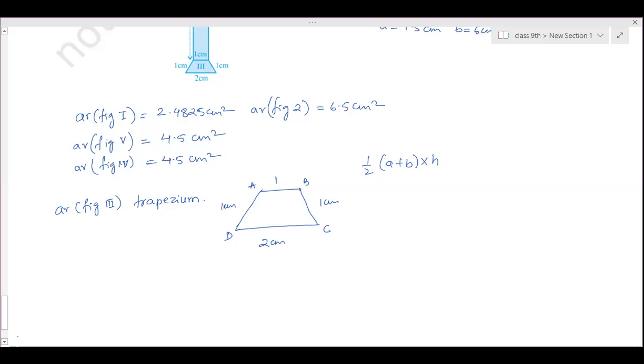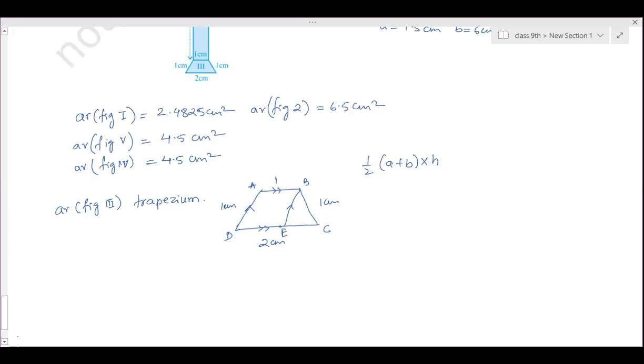So we have to draw a line through B parallel to AD. So this line and this line are parallel. Already this line and this line are parallel. So this is a parallelogram. Suppose this is point E. BE is parallel to AD, which we have constructed, and already AB is parallel to DC.